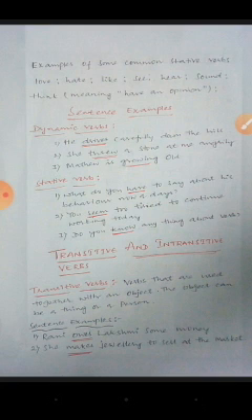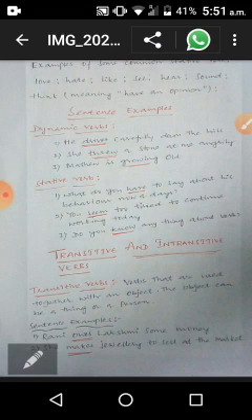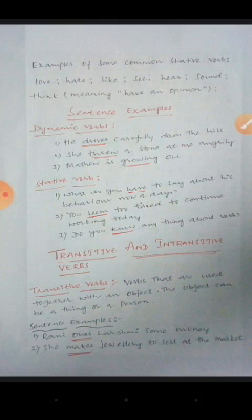A stative verb usually refers to a state or condition which is not changing or likely to change. So in the first example, have is a stative verb. In the second example, seem is a stative verb. Third example, do you know anything about verbs? Here, know is a stative verb.